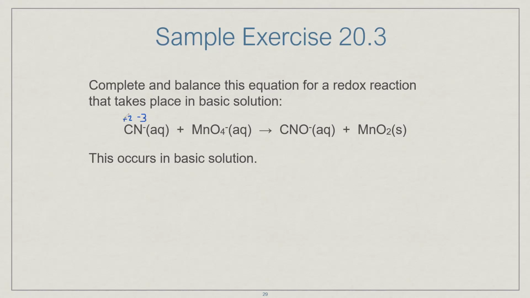Whoops, that should be positive too. So with the cyanide, since nitrogen is going to be more electronegative, we can assign that oxidation number first, -3. With the permanganate, we just saw that one, +7, -2.